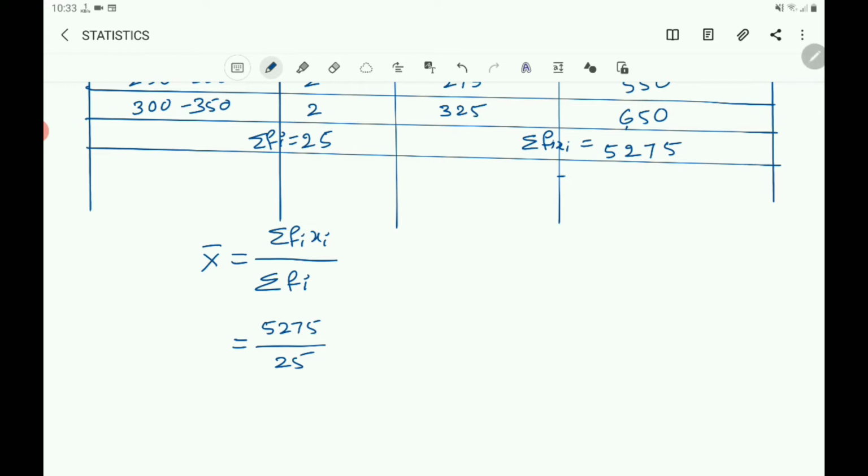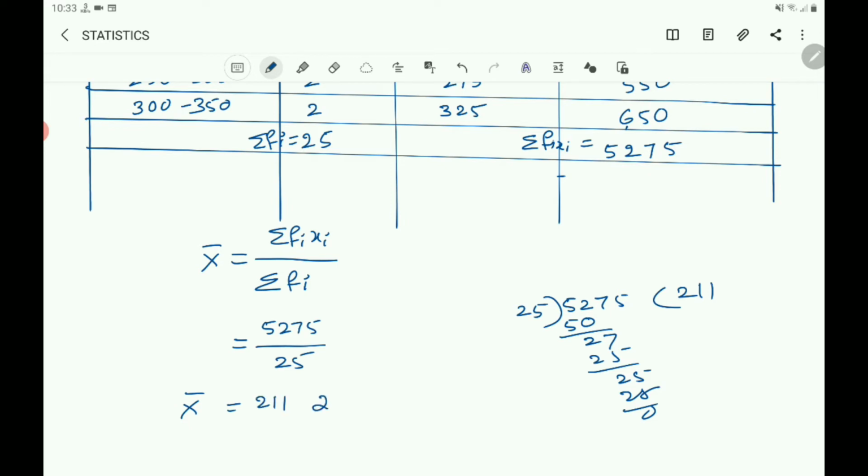Then you divide 5275 by 25. So you take 52, 25 2s are 50, 2 7, 25 1s are 25, 25 1s are 25. So how much are you going to get? Here you will get 211 rupees.